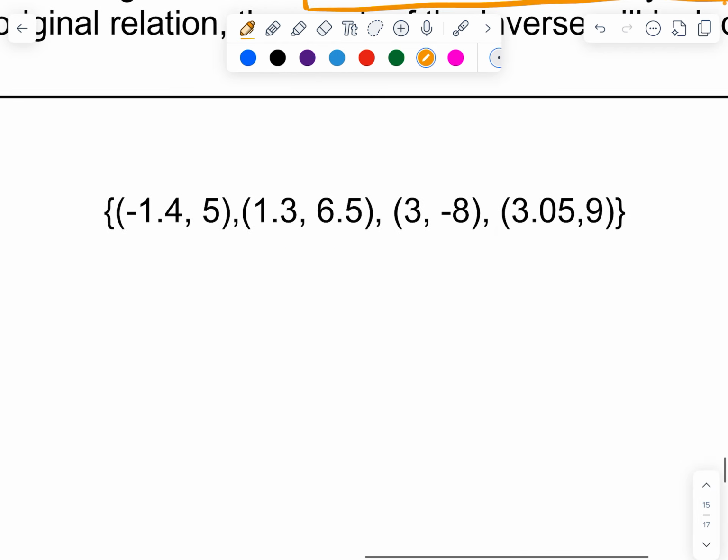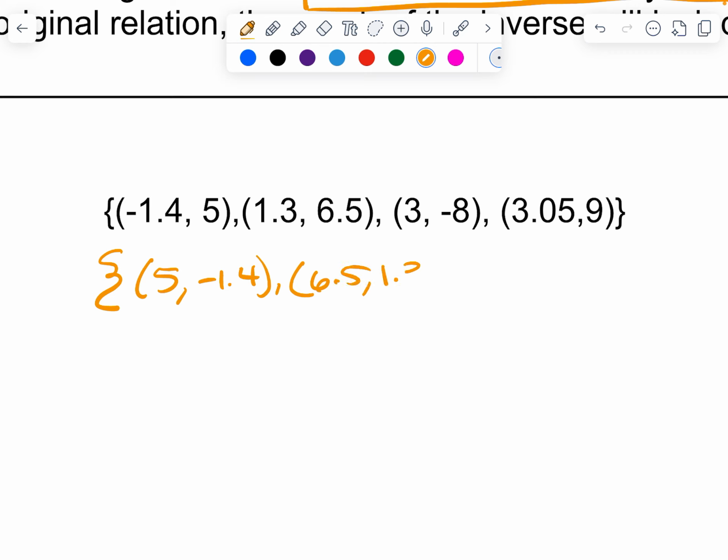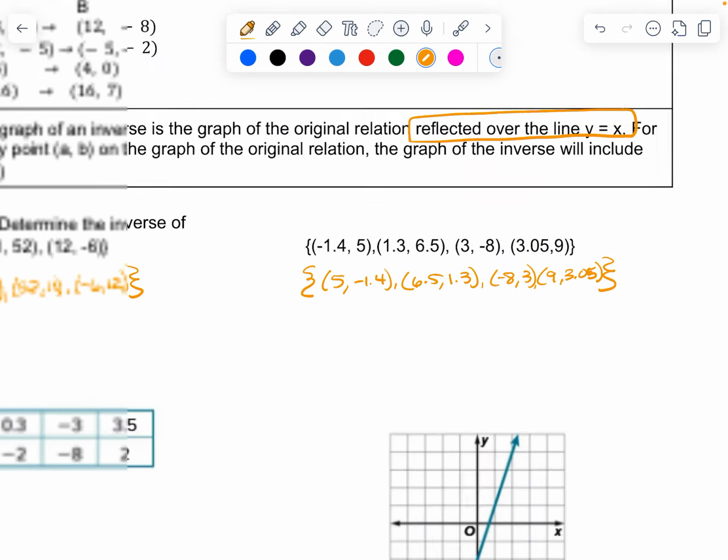Over here, do the exact same thing. All we're doing is changing around the x and the y. Oops, there's no comma. That's all we did.